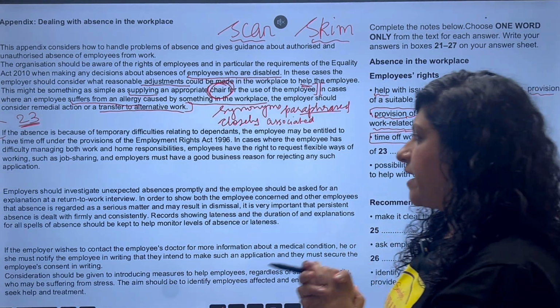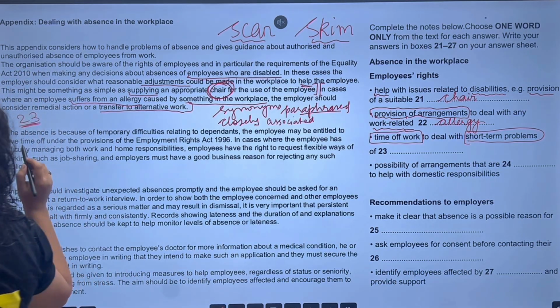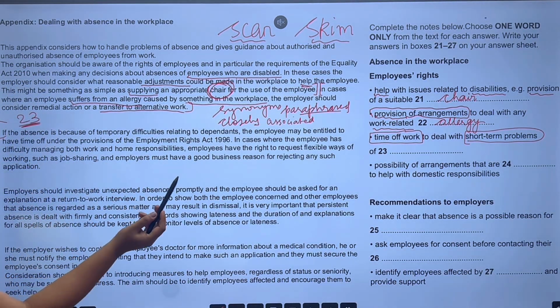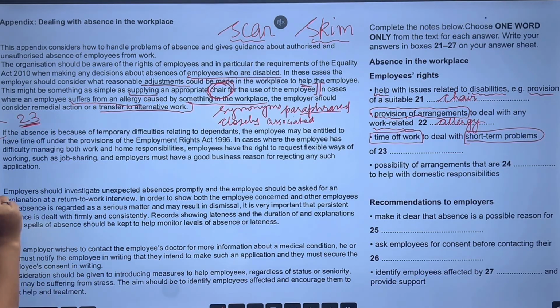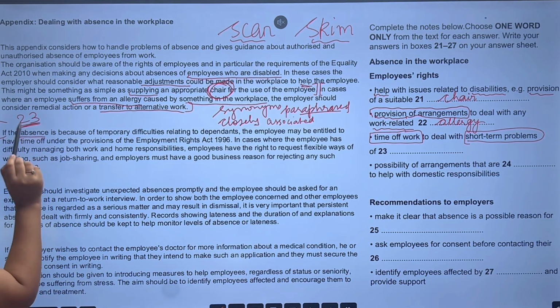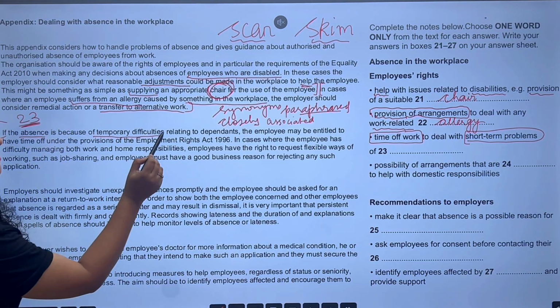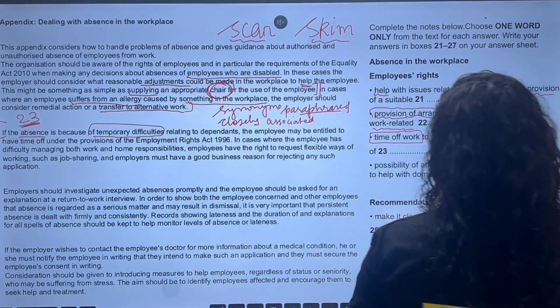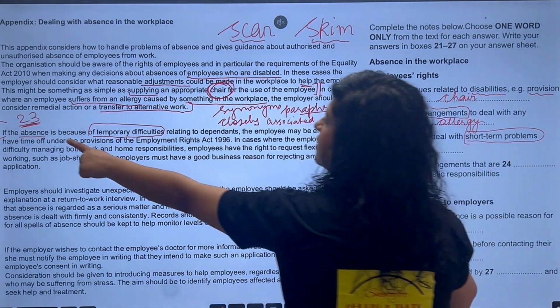So now the text says, if the absence is because of temporary difficulties relating to dependence. Absence is because of temporary difficulties. Absence, temporary difficulties, time off work, absence.